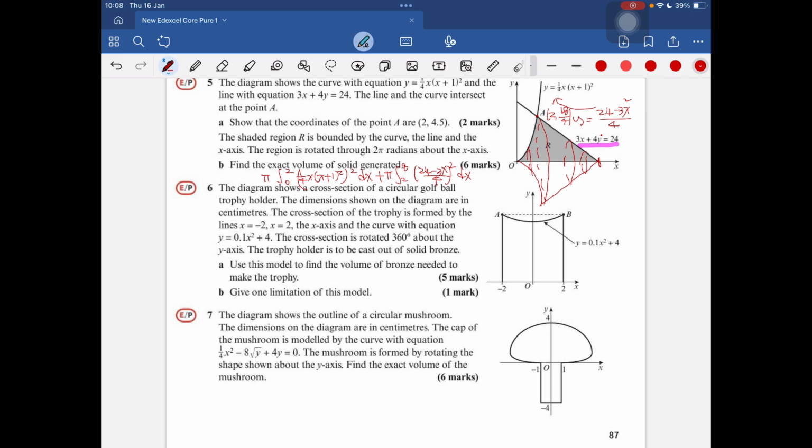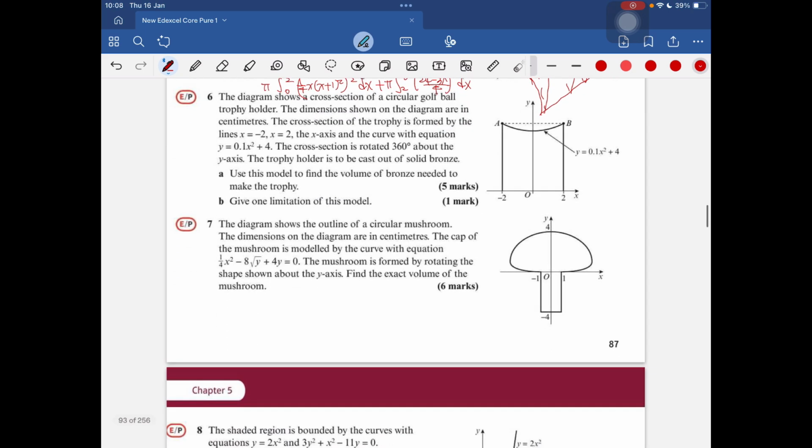Number 6, the diagram shows a cross-section of a circular golf ball trophy holder. So the curved part is y equals 0.1x squared plus 4, and it starts from negative 2 to 2. So we will rotate it 360 degrees about the y-axis, like here.